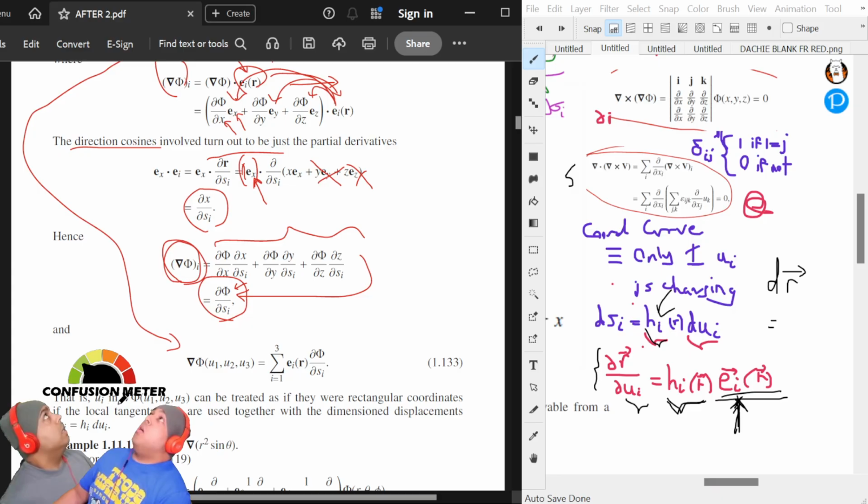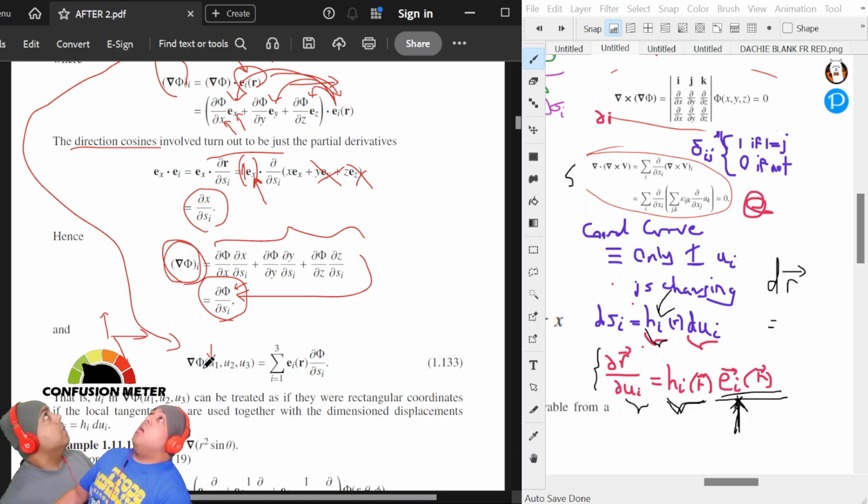That is, u_i in this can be treated as if there were rectangular coordinates if the local tangents are used together with the dimensional displacements.